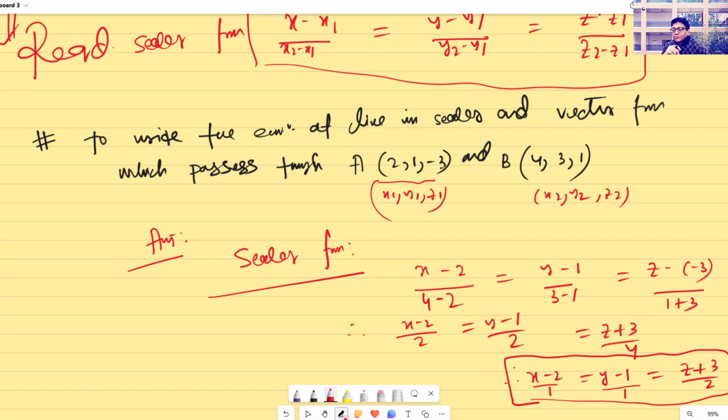Okay? This is the equation of line which passes through two given points, and this we got in scalar form.